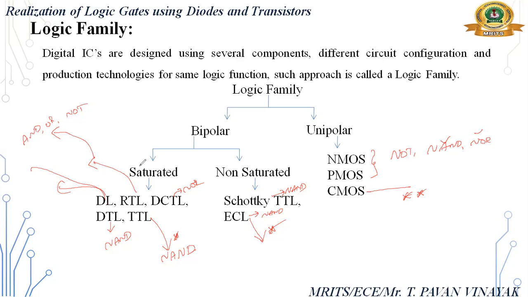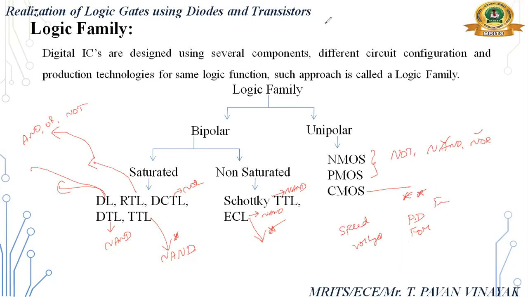These are the different logic families. For each logic family, we learn about speed of operation, voltage levels, figure of merit, propagation delay, and power dissipation. Fan in, fan out.